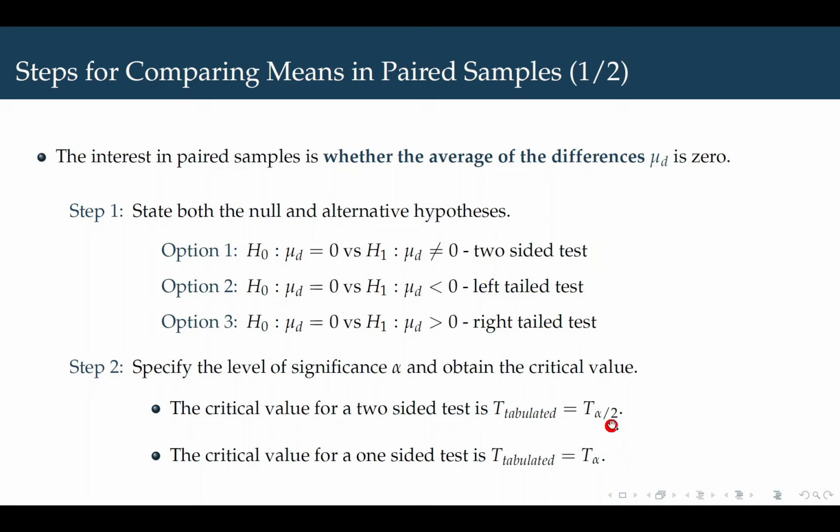The level of significance should be divided by 2. And for a one-sided test, which can be either a left-tailed test or right-tailed test, the tabulated value can be obtained as T alpha.